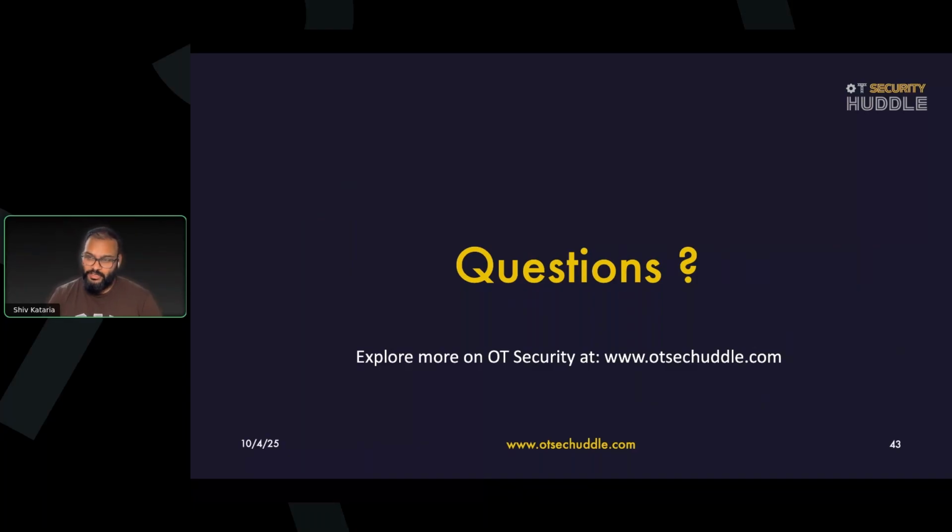The Stuxnet example happened in 2010. It actually was an air gap system, so sophisticated, with multiple different layers of security, but still it was compromised. So we need to see insider threat. We need to see if a USB-based attack can come. We need to see if engineering laptops are getting connected. Those kinds of things are also part of your risk assessment. That's why we need to do it for air gap systems also.